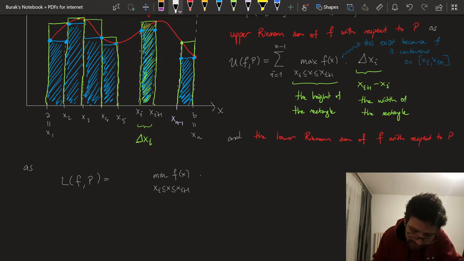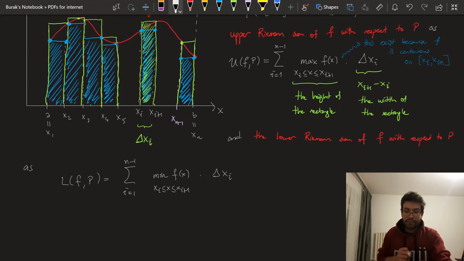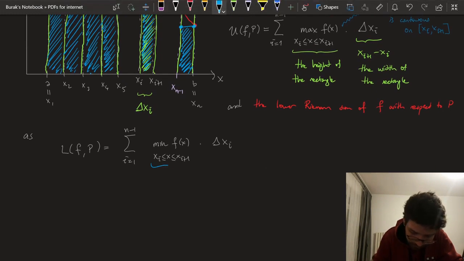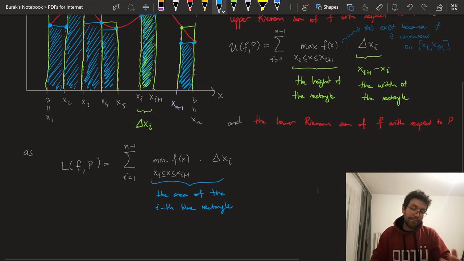And then you're going to multiply this with the width, which is delta x_i, and then you're going to add all these numbers up as i goes from 1 to n minus 1. Okay, so this is the area of the ith blue rectangle. Okay, so this is the lower Riemann sum.